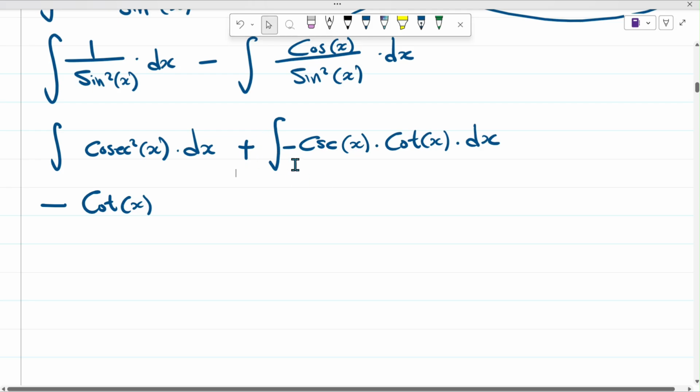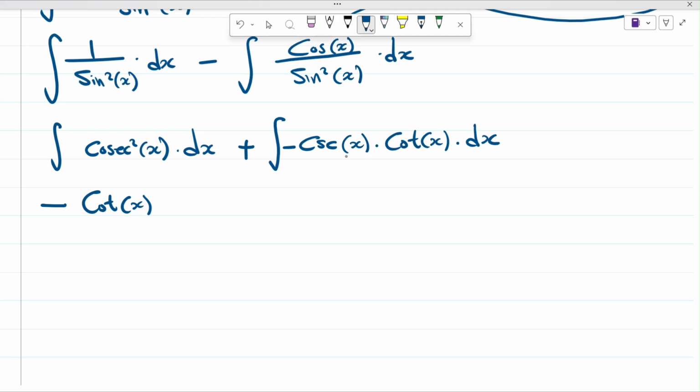So what was differentiated for me to get negative cosec cot? It was positive cosec of x. Because the derivative of the argument is 1, we don't have to worry about it. So the answer becomes positive cosec of x plus c. Then tada, you have your answer.